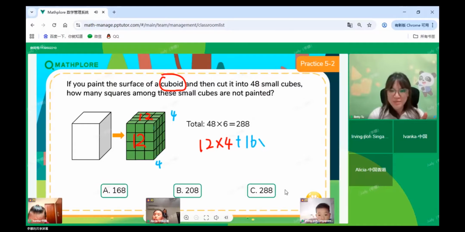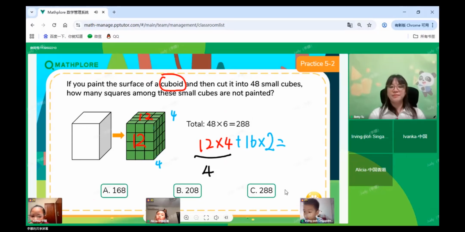Which means 16 times which number? Left and right, 2 sides, times 2. So work out the answer. 32, equals 80.